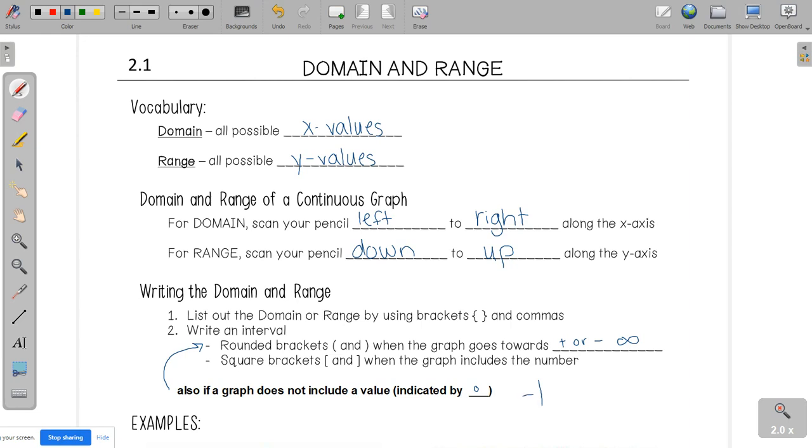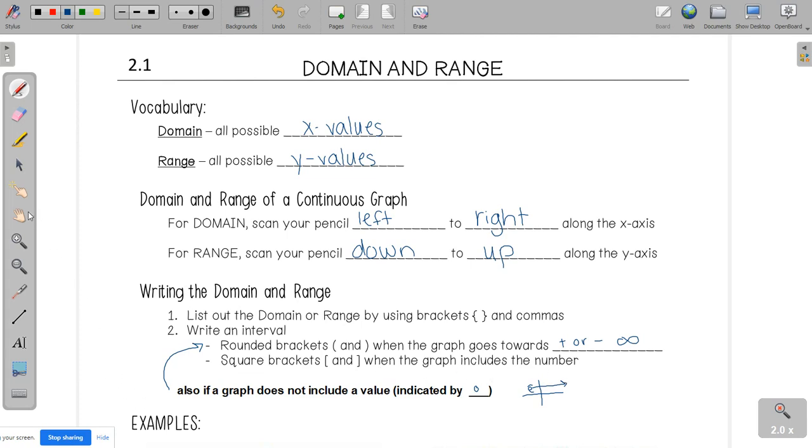So for example, if we have an open circle and our graph looks like this, it does not include this point here, but it includes all the other points. We're going to use square brackets when the graph includes the number.